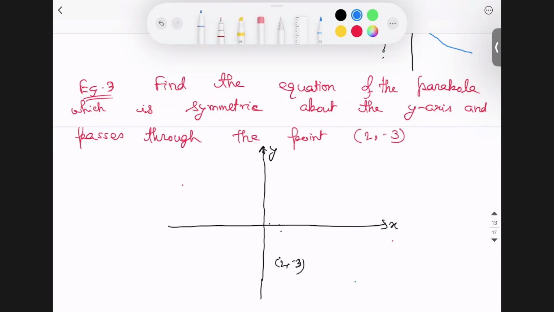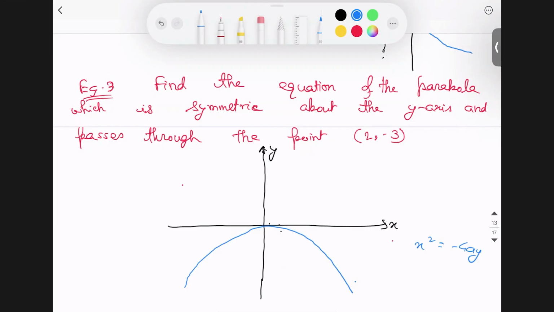If we consider a parabola of this form, it doesn't contain this point. It is impossible. So obviously the parabola will be of this form. Hence, the equation of the parabola will be of the form x square equals to minus 4ay.